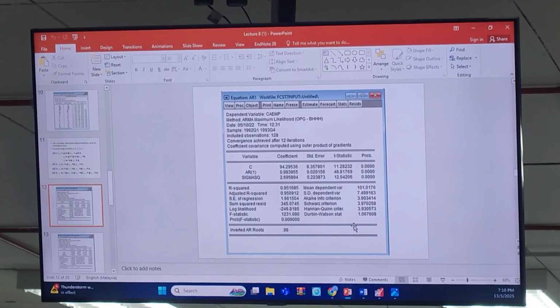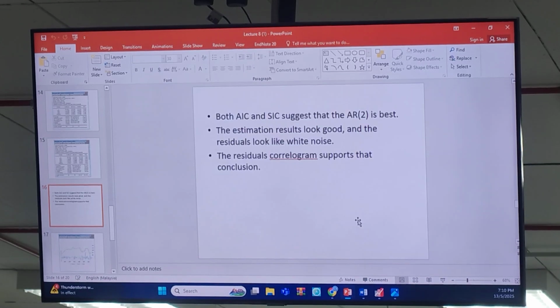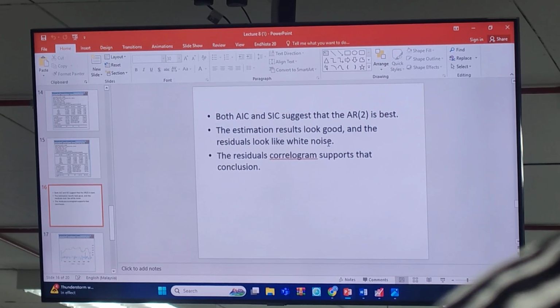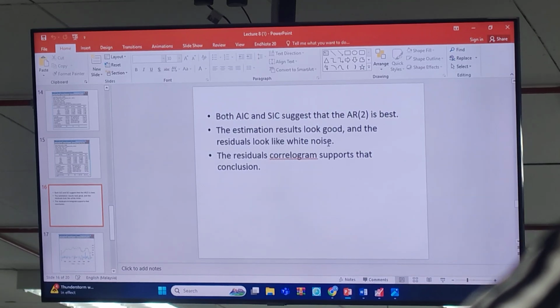If you want to explore mixed models as well, then you can try. In the case of pure AR, both AIC and SIC suggest that AR2 is best. The estimation result looks good and the residual looks like white noise. The residual correlogram supports that conclusion. You check the residual just now. Okay, we have already checked that one.